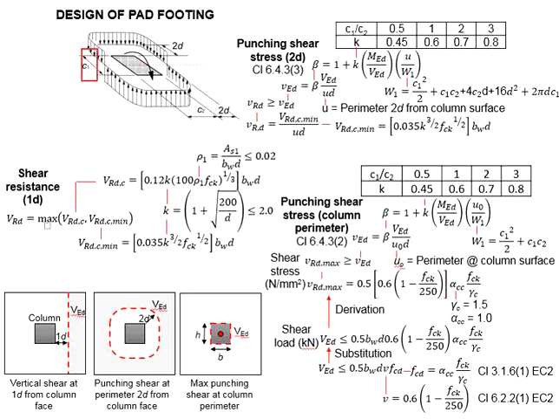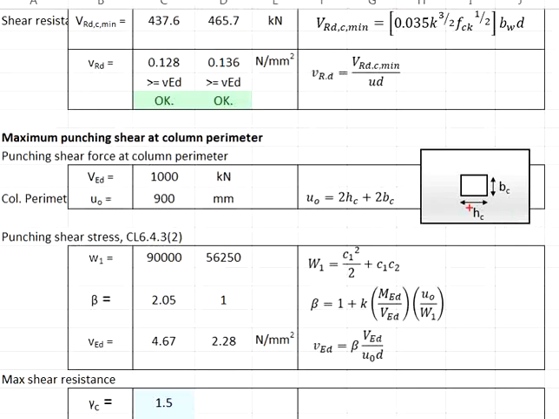The width of the column parallel to the moment will be the c1, whereas the other side will be the c2. In this case, the moment is in the major axis. Therefore, you know that this will be the c1, which is 300 in the major axis, whereas c2 will be this side, which is 150. Substitute the values into the equation, you get W1.